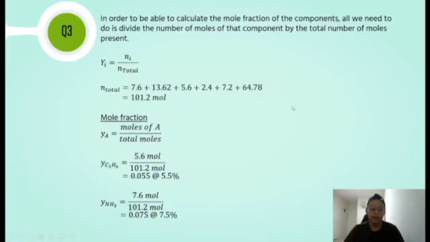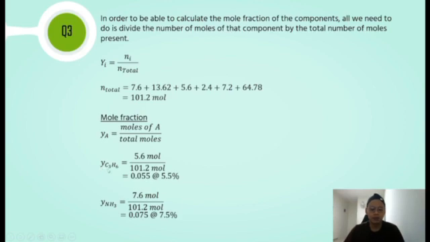Okay, for equation 3, we need to calculate the mole fraction of the components. In order to calculate the mole fraction of a component, all we need is to divide the number of moles of that component by the total number of moles present, which is mole fraction yi is equal to ni over n total. The n total we just got is 101.2 mol.